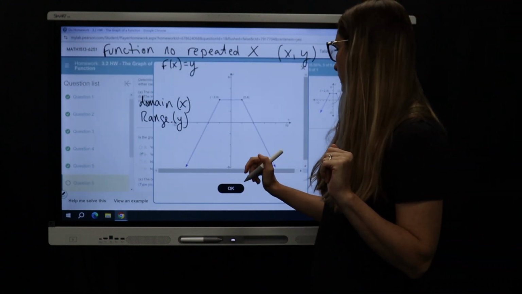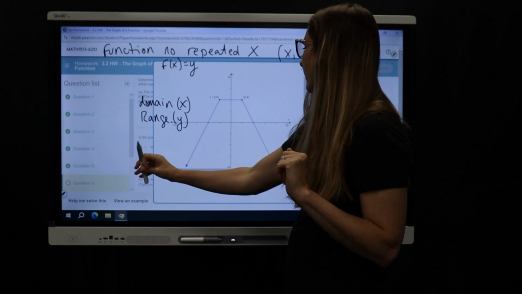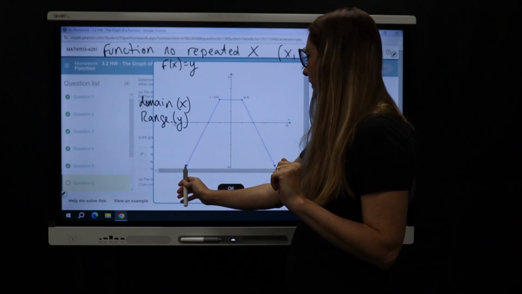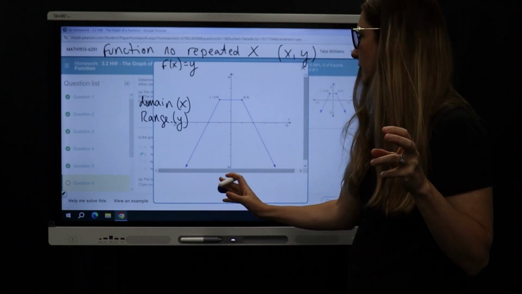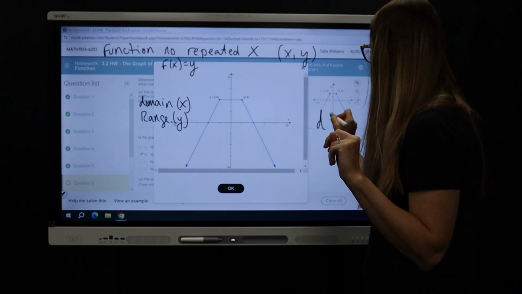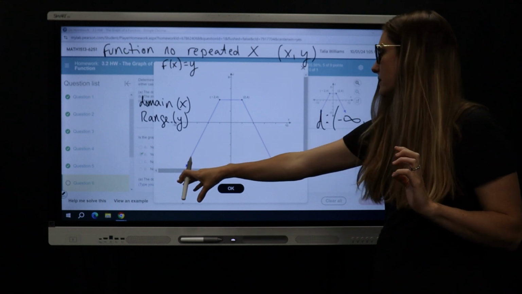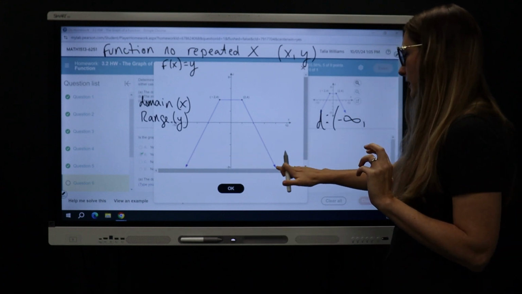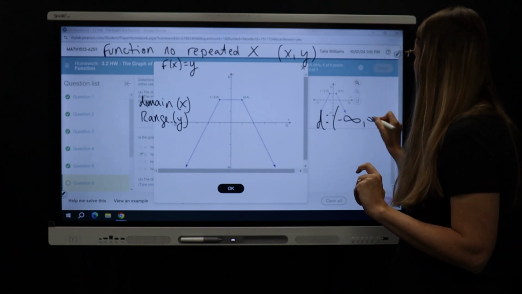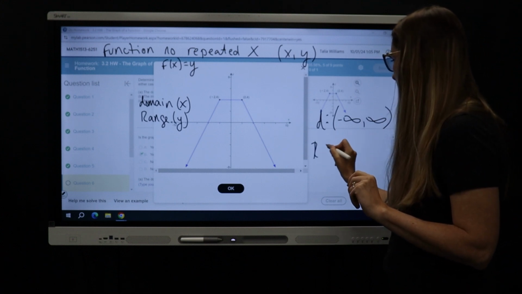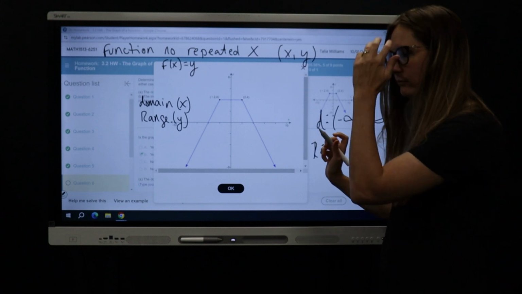Okay. Domain and range. So our x values, it has an arrow when we get here, so since it's an arrow, we assume negative infinity. All right, domain. And then as we come across left to right, it comes off with an arrow, so we assume it's going to positive infinity. It doesn't tell us otherwise, so that's what we're doing.